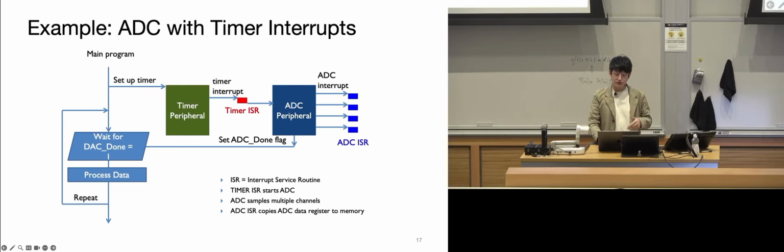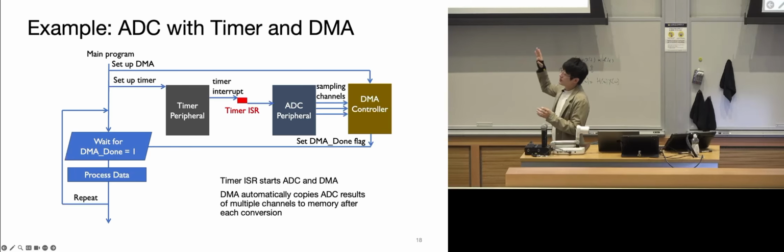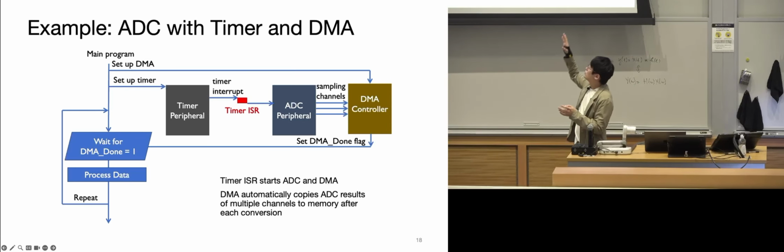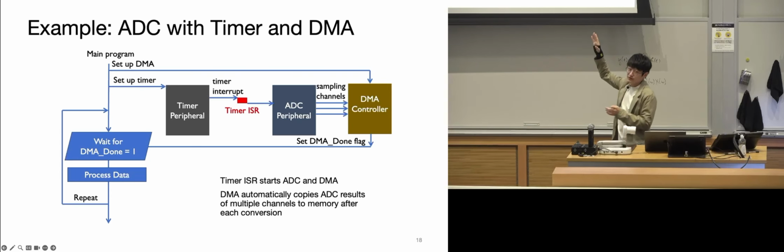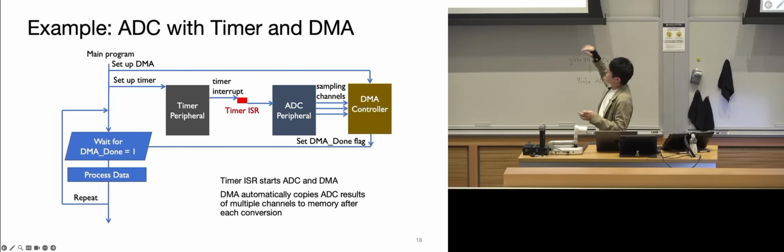You can also use a way with fewer interrupts. Instead of having that flag coming from the ADC peripherals, you can use the DMA, direct memory access, to have those sampling channel values go into the DMA. Then the controller sends out one flag indicating the entire process is done, or periodic if it's a periodic execution.